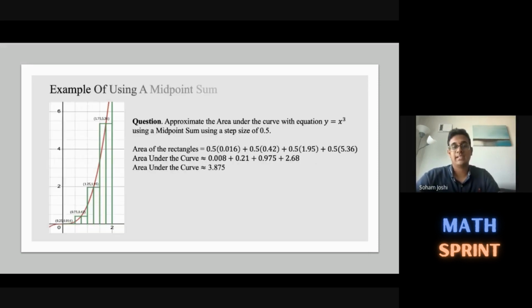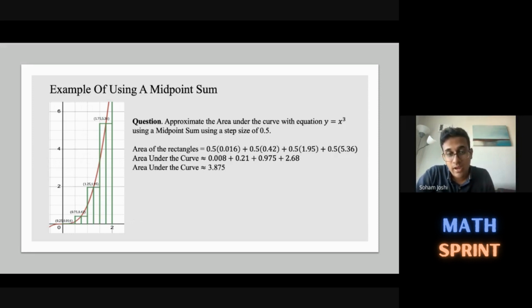So let's work with an example. We need to approximate the area under the curve with the equation y is equal to x cubed using a midpoint sum. So we know that the step size mentioned in the question is 0.5. So the width of each rectangle that we form has to be 0.5 again. But here, you have to get the same idea with the multiples of 0.5.